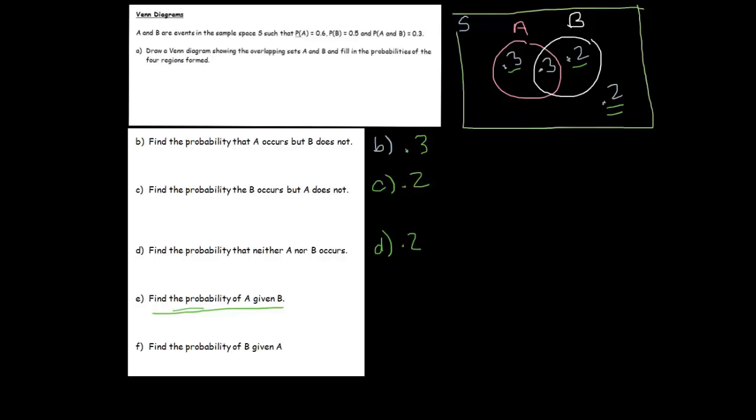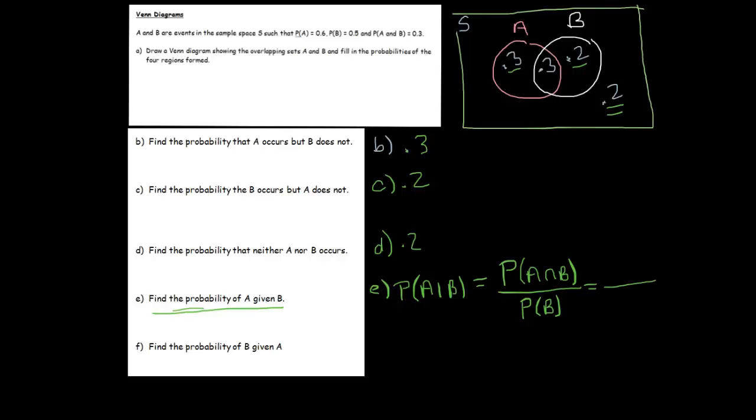So the probability of A given B, represented like this, is just the probability of A and B divided by, not the entire sample space, just the probability of B. Since we know that B happened, that becomes our universe.